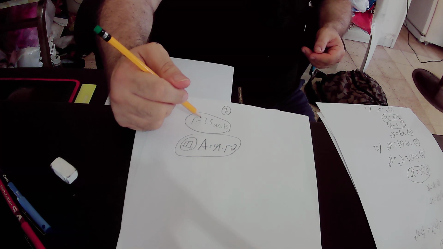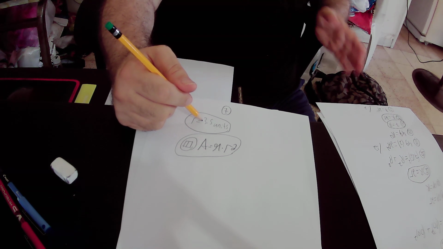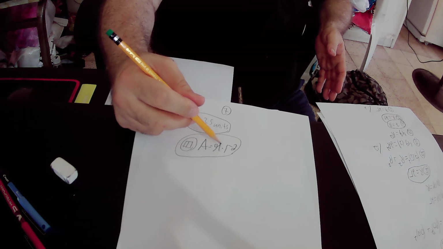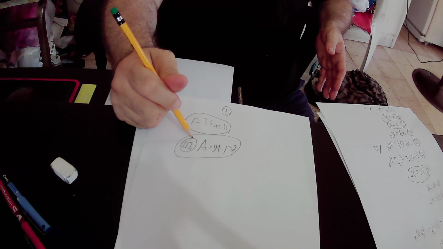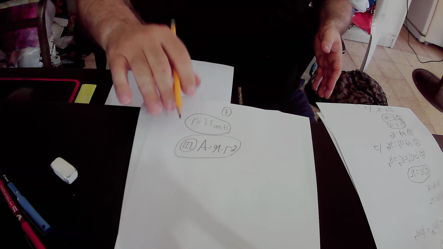But we have already found that the radius of the yellow circle equals 3.5 units. So we can substitute r in equation number 3 by 3.5 units. So we will do it now.